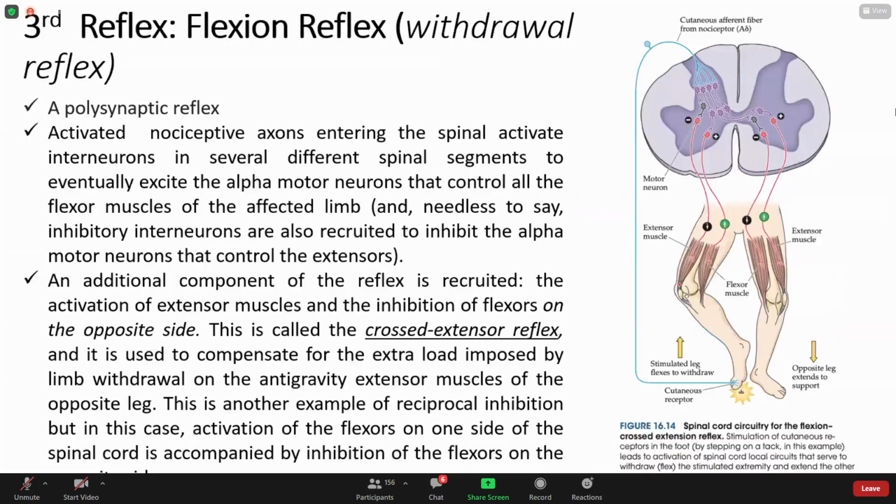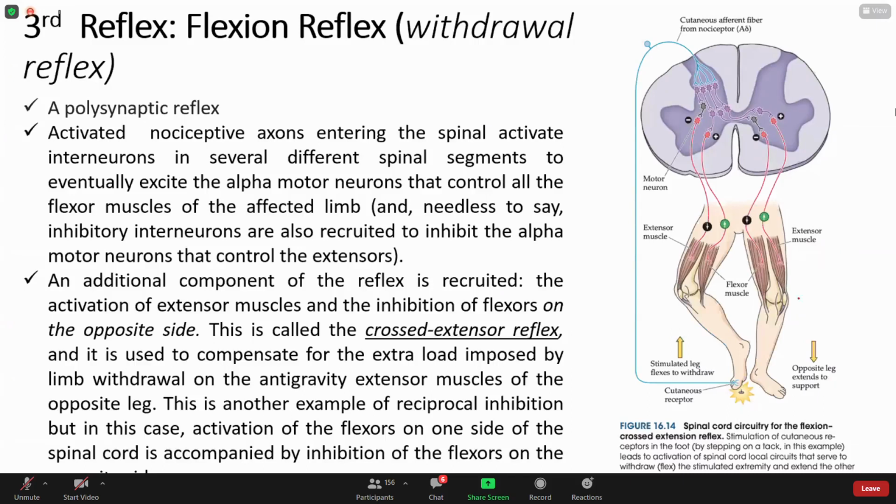Now the other reflex is the flexion reflex, or the withdrawal reflex, and unlike the other reflexes, here it's mainly through the stimulation of the nociceptors. We know what a nociceptor is, which is mainly for pain, to detect noxious stimuli.